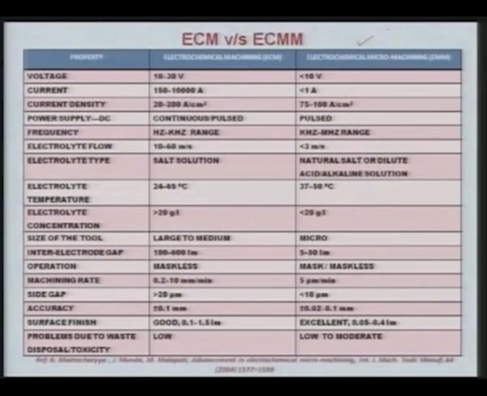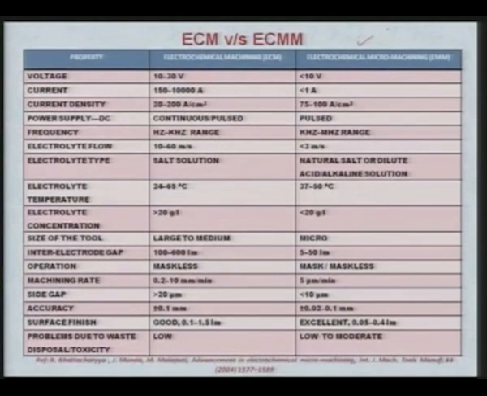Some industry people have used 40,000 ampere as the current. Current density in electrochemical micromachining is very high, 75 to 100 ampere per centimeter square, and in macro machining it is 20 to 200 ampere per centimeter square.